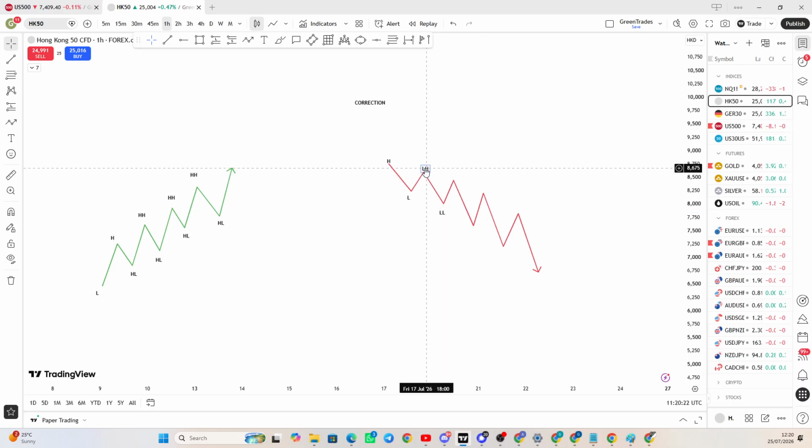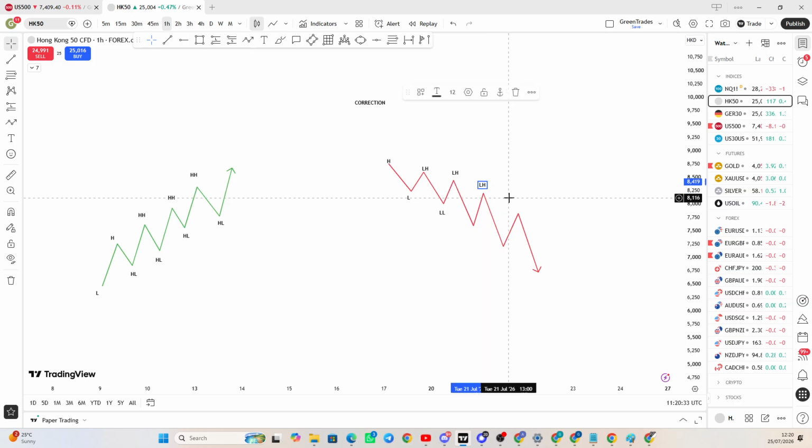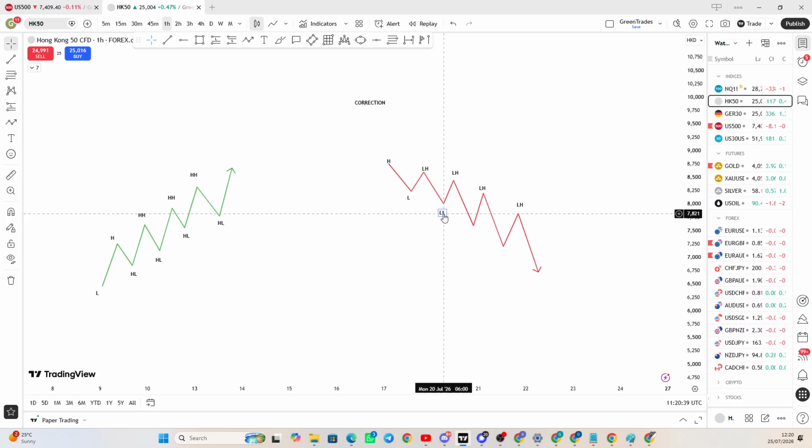So lower highs are being formed, and lower lows being formed.